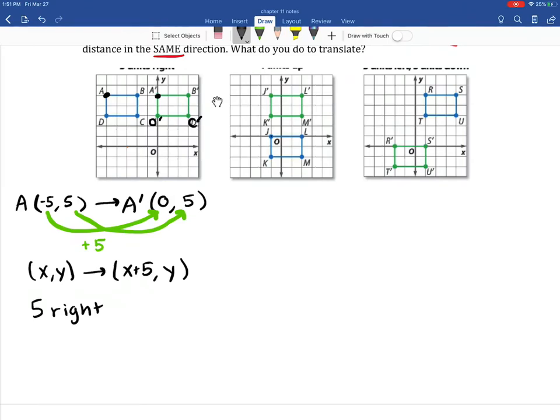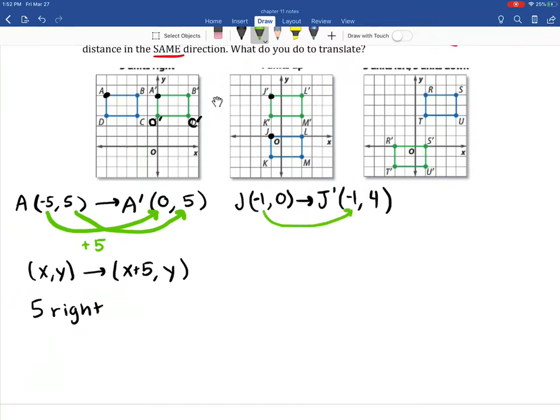Let's look at the next one. How about J and J prime? The coordinates of J are negative 1, comma, 0, and J prime is at negative 1, comma, 4. So let's see how this one moves.